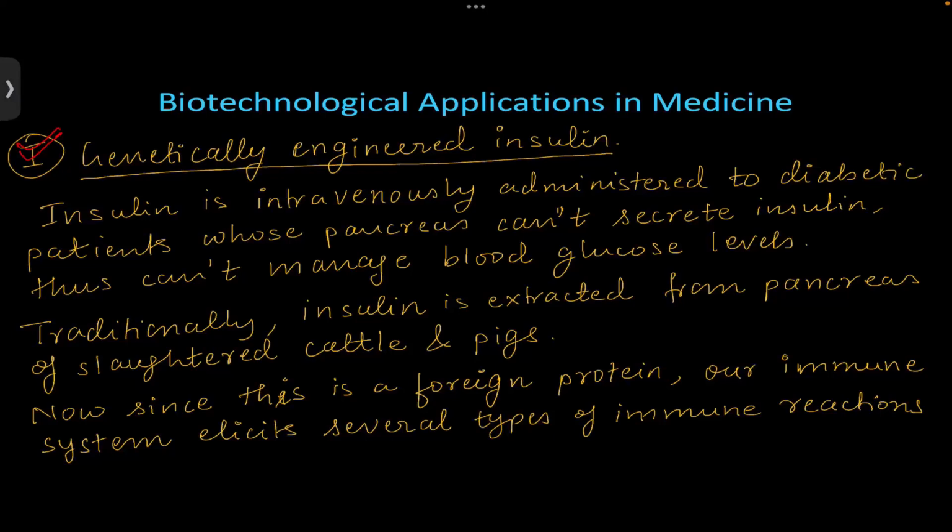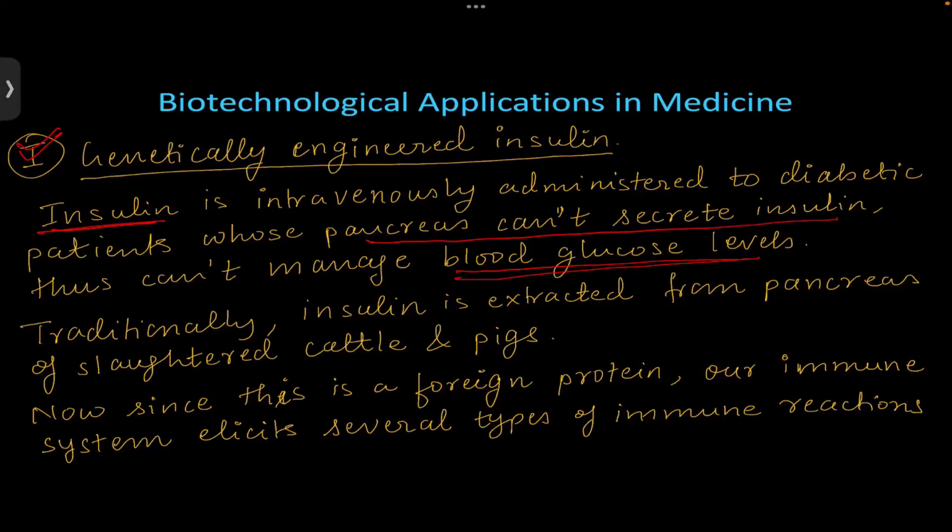So in extreme conditions, when the situation cannot be managed by medicine alone, doctors recommend they take the insulin hormone intravenously, directly injected into the vein, so that this insulin in the blood can manage their blood glucose level. Because at those critical times, their pancreas can't secrete the required amount of insulin. That is why you are providing insulin exogenously into the body.